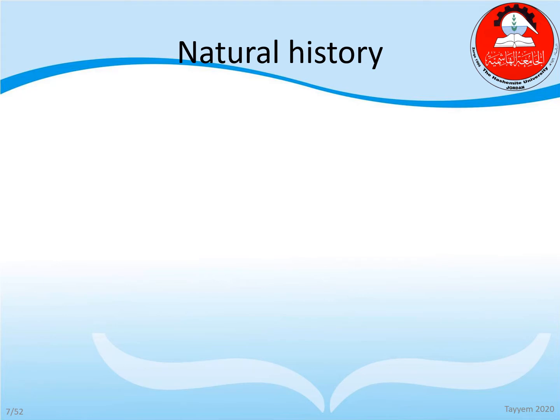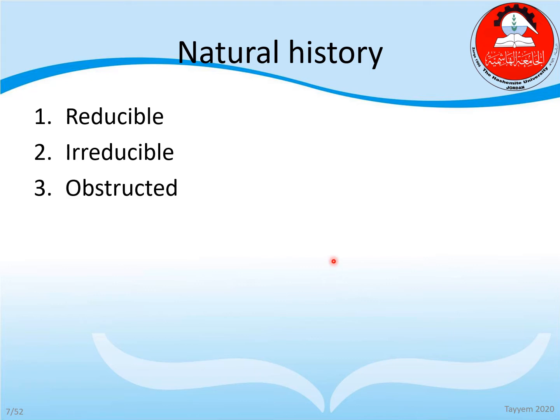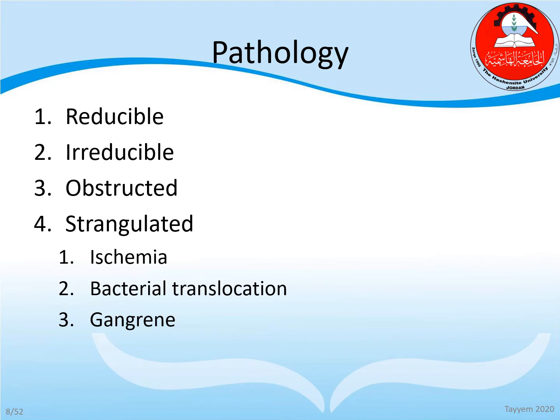The natural history: the hernia could be reducible, it can become irreducible, and also can become obstructed, and eventually, if not treated, becomes strangulated. Further build-up of the pressure, further impediment of the venous return.